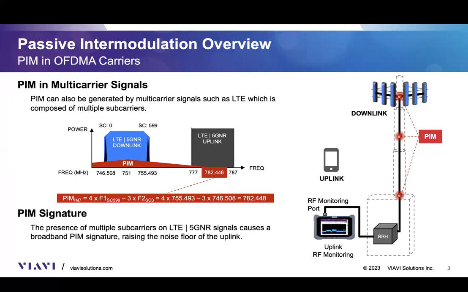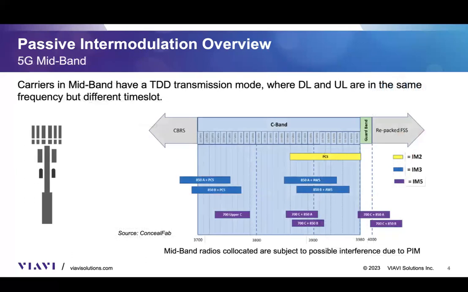Now, all the transmission that is happening right now with 5G in C-band or mid-band, that is everything above 3 gigahertz, is TDD based. That means time division duplex. Previously there was a conception of, does PIM exist in a 5G mid-band TDD signal? Yes, it does. Is it going to be hitting my 5G signal?